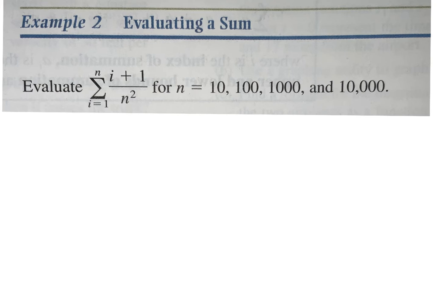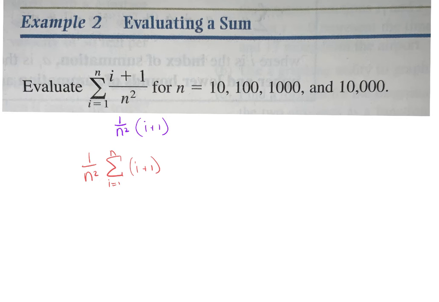By that I mean, this is the same thing as saying 1 over n squared times (i plus 1), right? And so I can actually put that n squared on the outside here: 1 over n squared, summation of i equals 1 to n of (i plus 1).